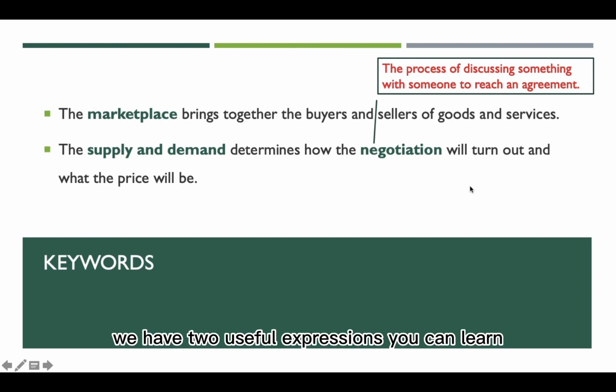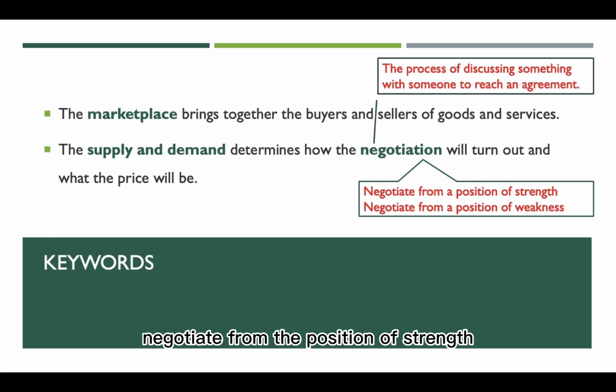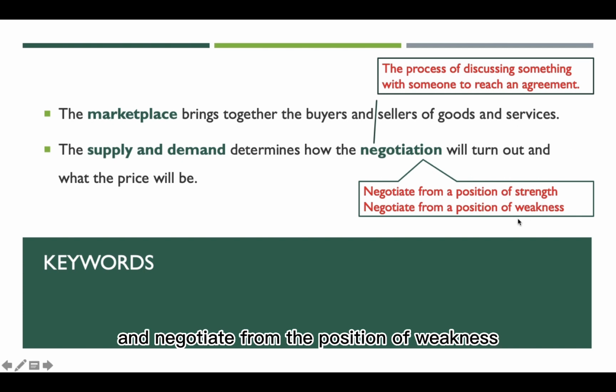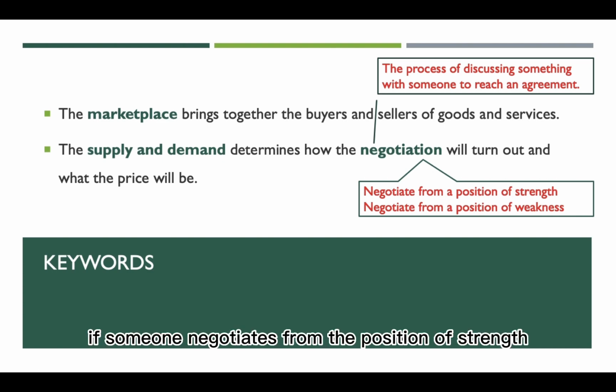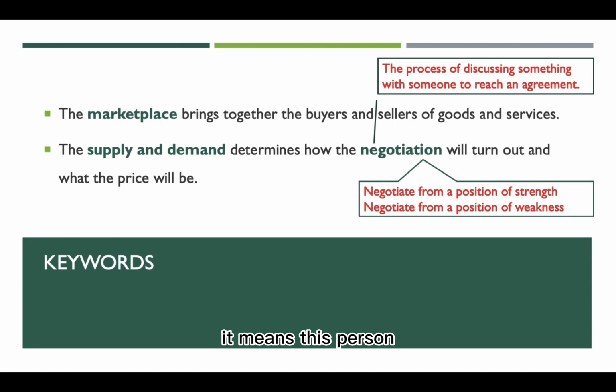We have 2 useful expressions you can learn. Negotiate from the position of strength and negotiate from the position of weakness. If someone negotiates from the position of strength, it means this person has more control in the discussions.